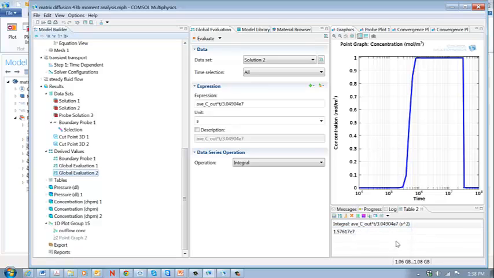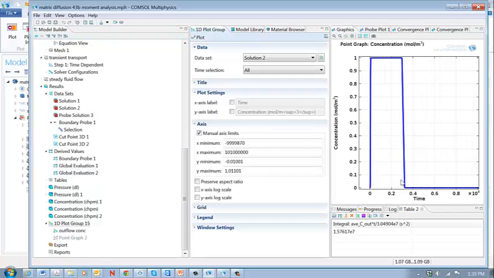That would give us a mean residence time of 1.5e to the 7th, so 1.57 is right about there. For this case, where there's no interaction between the fracture and the matrix, we have a mean residence time that's just about half of the pulse. Okay.